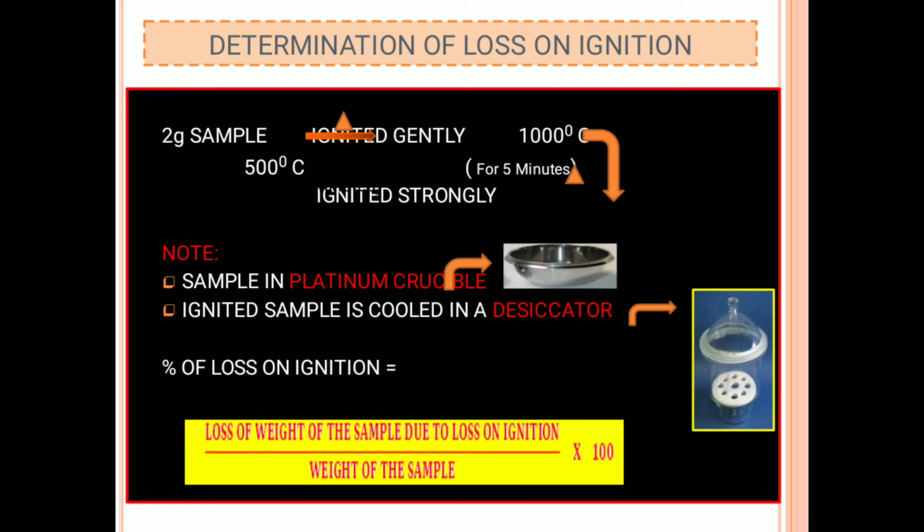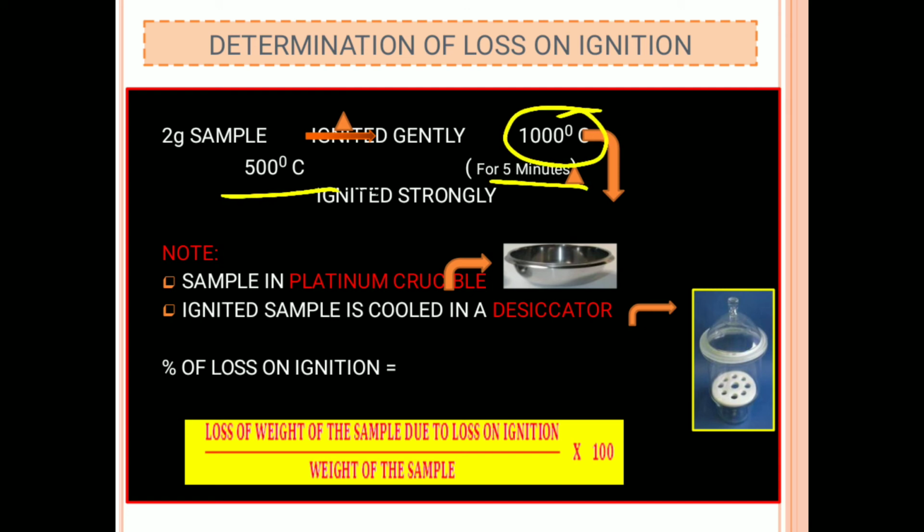So determination of loss on ignition is also very important. So what should you do here? Take 2 gram of sample in platinum crucible, then ignite the sample initially at 500 degrees Celsius for 5 minutes.